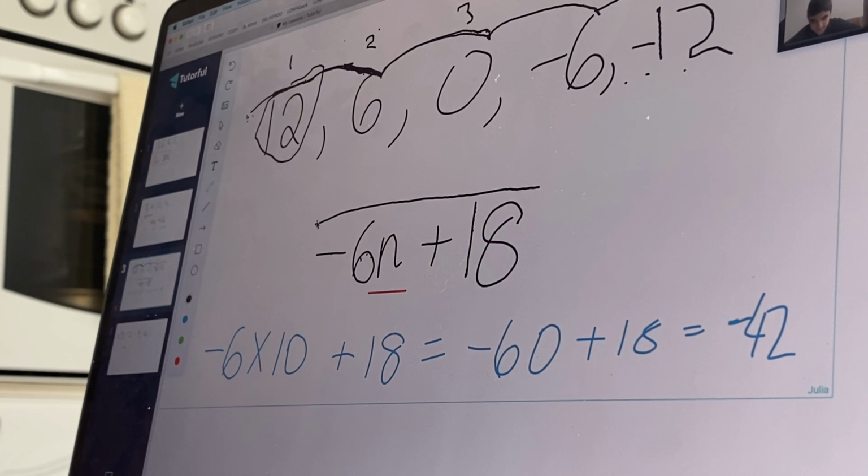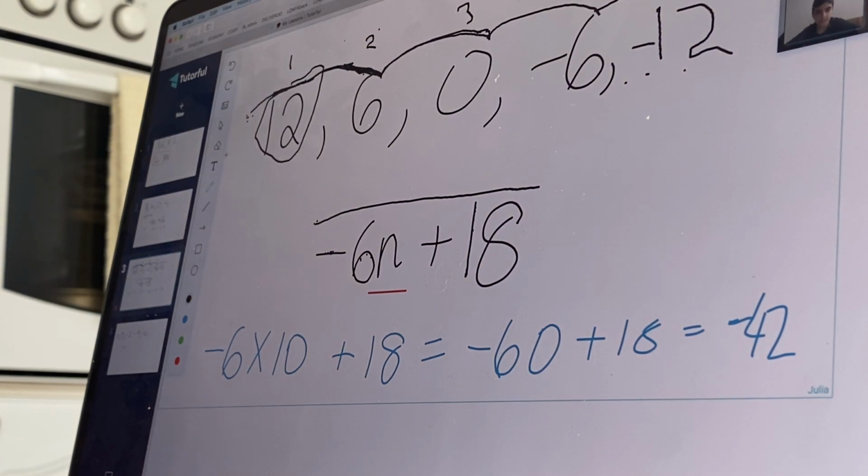If I'm looking for the 10th term, what's n equal to? 10. Yeah. If I'm looking for the 3000th term, what's n equal to? 3000. Yeah, exactly right. So what the nth term helps us with is that it helps us find those terms without having to go through the whole sequence. So we just do one calculation and we can get to the term.